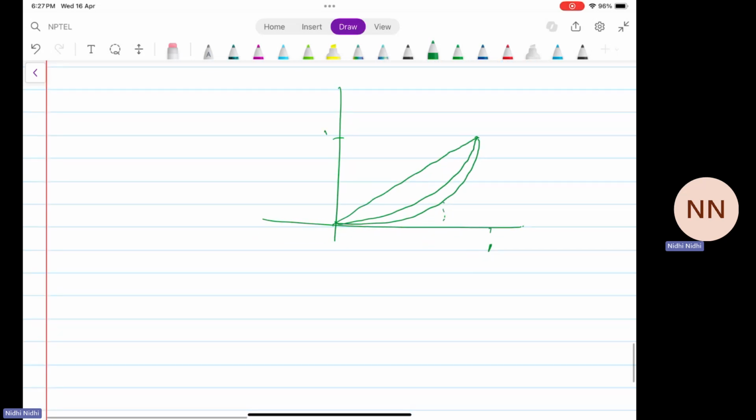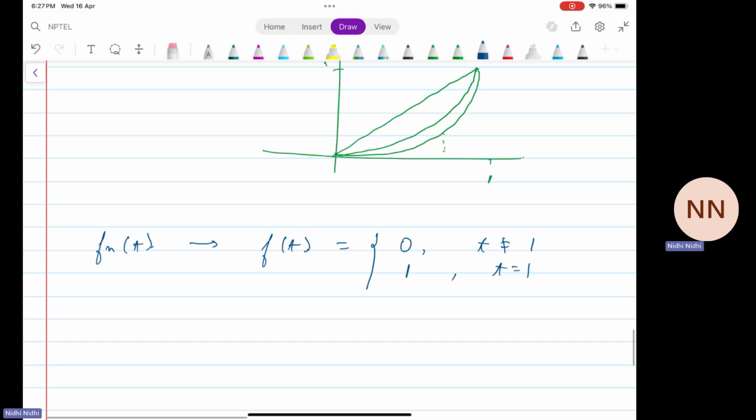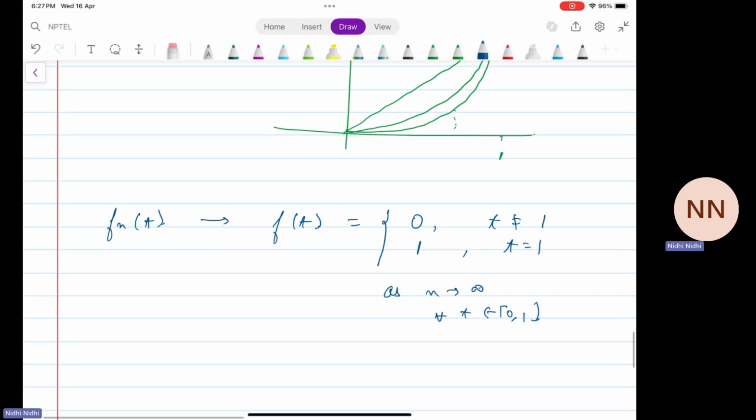Pointwise, this Fn(t) converges to f(t), which is 0 for t not equal to 1, and it is equal to 1 for t equal to 1, as n tends to infinity for every t in the closed interval 0 to 1. So this is the pointwise limit.